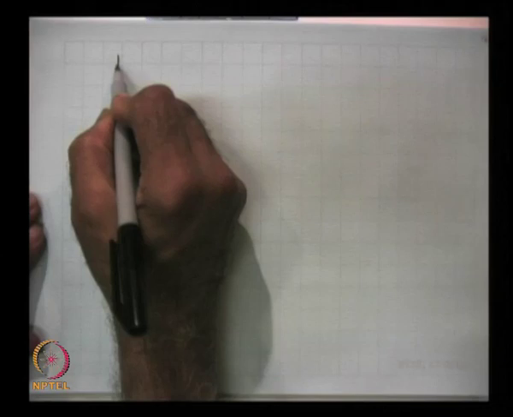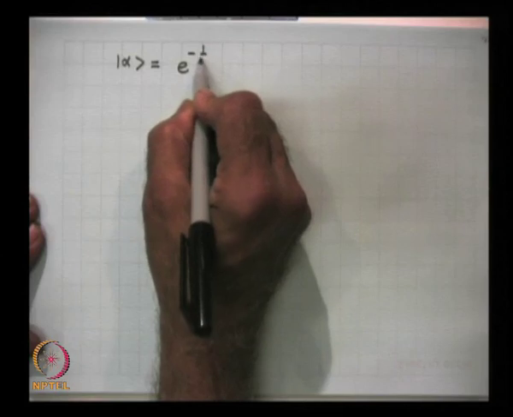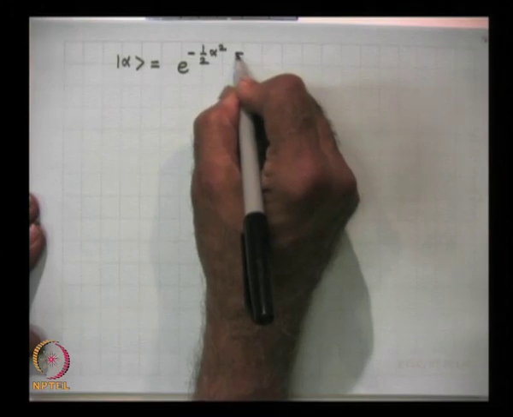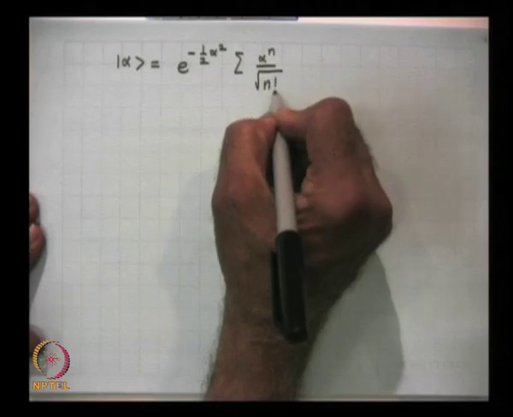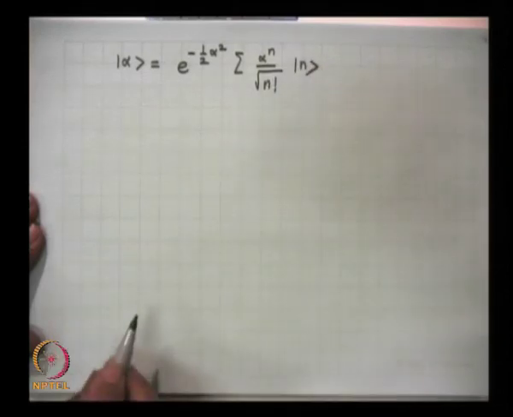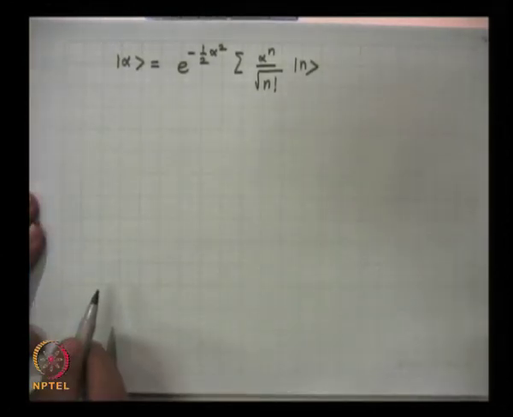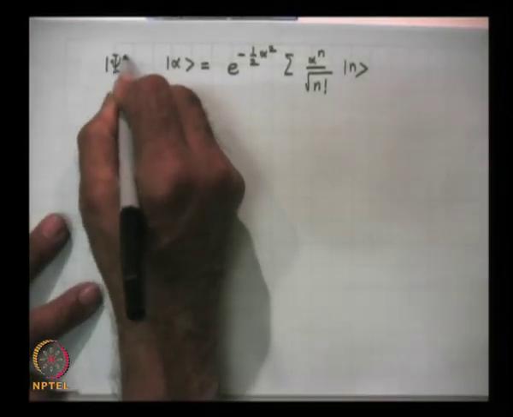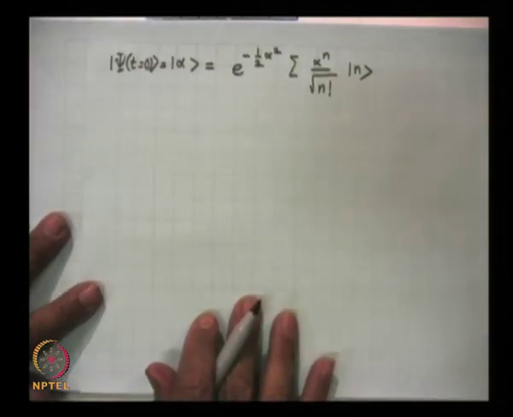Now, the ket alpha, we have already shown, is equal to e to the power of minus half alpha square, let me assume alpha to be real, just for the sake of simplicity, summation alpha to the power of n over square root of n factorial, ket n. So, this is ket psi at t equal to 0, the initial state of the oscillator.